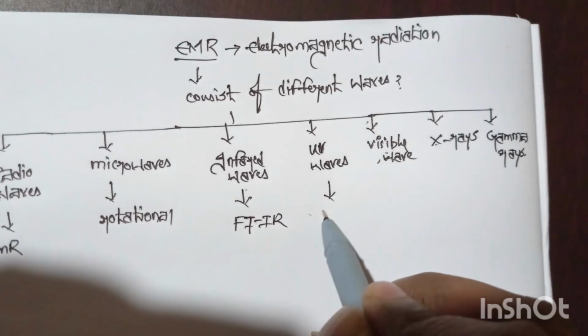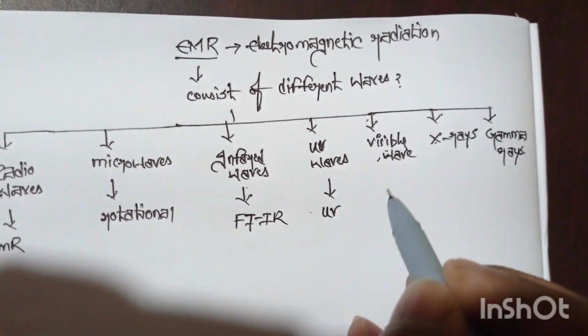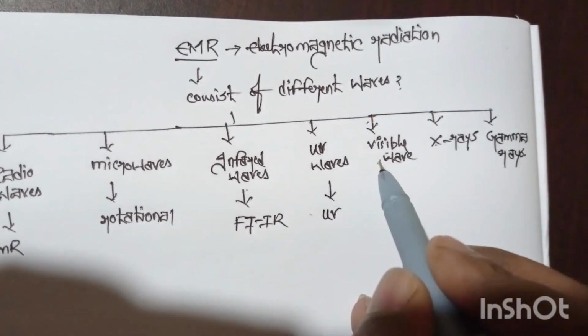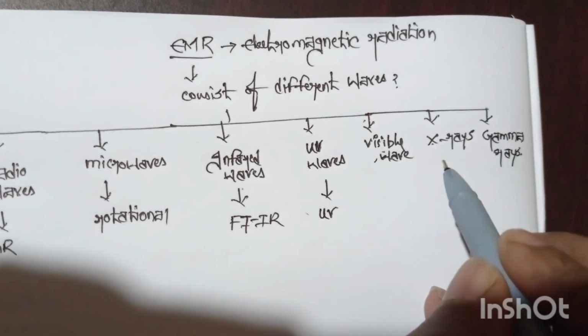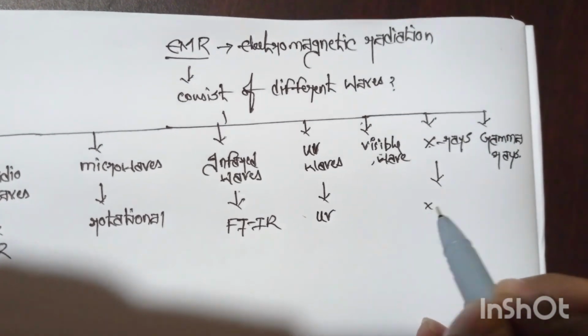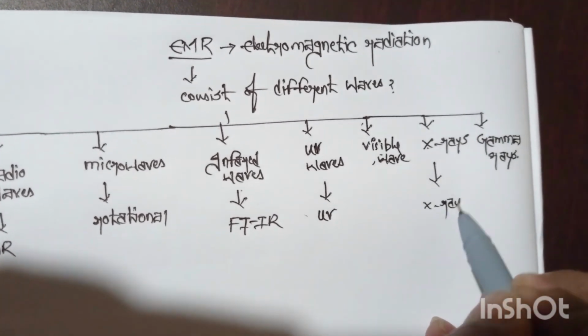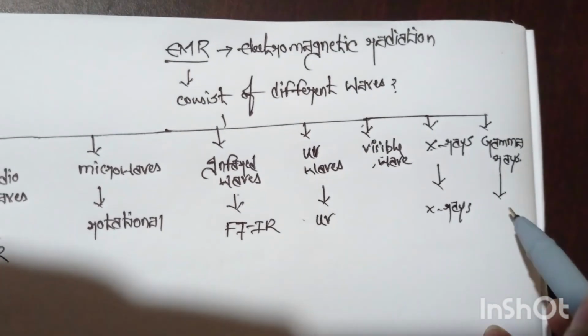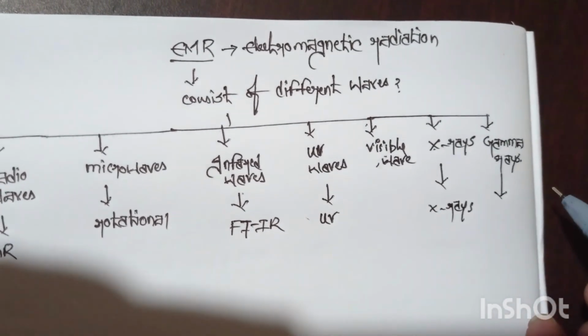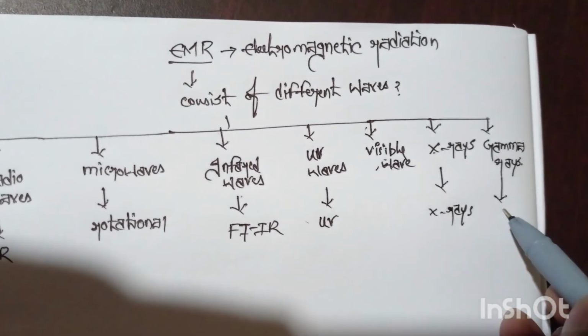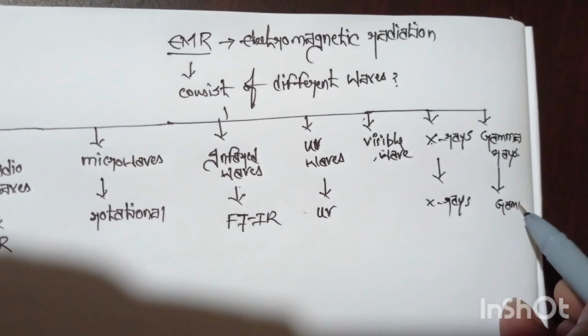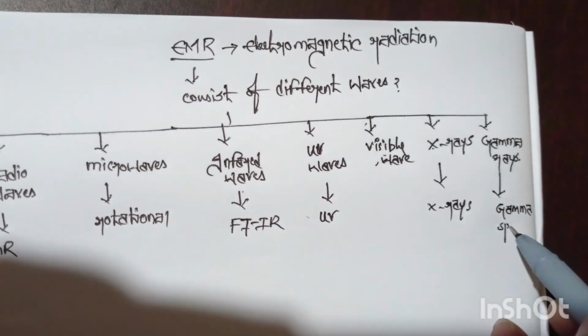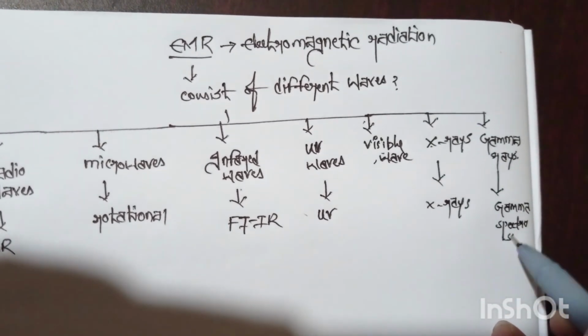UV and visible waves are used in UV-visible spectroscopy, a combination of two waves. X-rays are used in X-ray diffraction spectroscopy. Gamma rays are used in gamma spectroscopy.